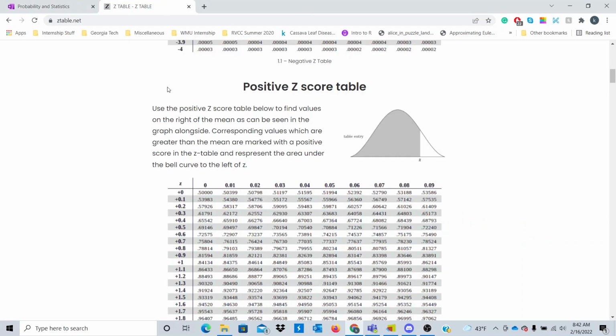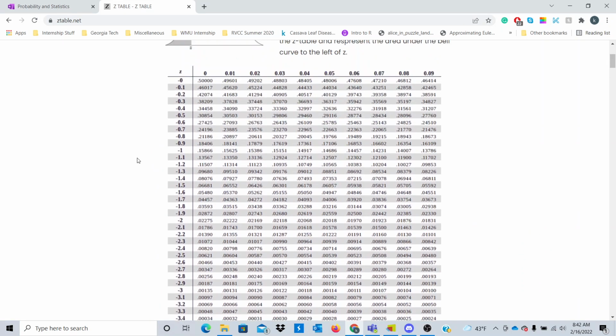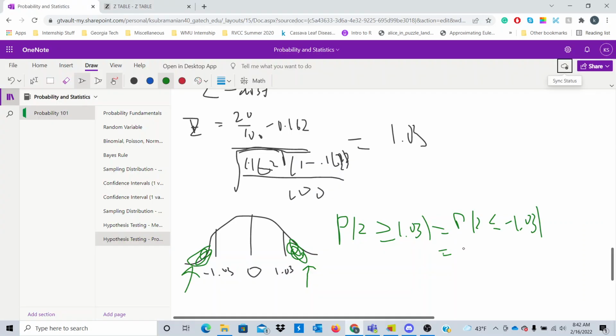So we can go and look in our table for the z-score of negative 1.03, and that will be 0.15151. So basically, our p-value is 0.15151. But our new alpha that we're going to be worrying about is 0.05 divided by 2.